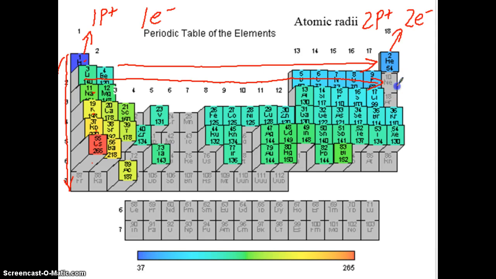Now eventually, when we get to, say, neon, we have too many protons and electrons to fit onto that second ring. So we then go to the third ring, or the third level of the atom, and we add more protons and more electrons, which makes that atom more and more compact and smaller.